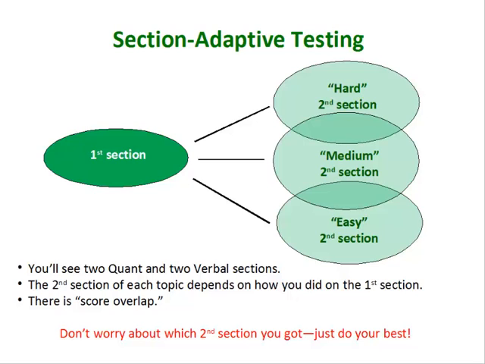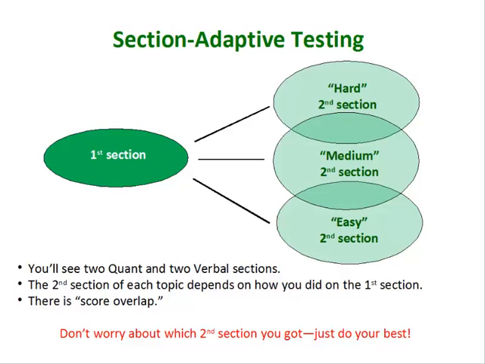And so for math, for instance, you'll see your first math section. That's the section that basically everybody gets. It's a mid-level section in terms of difficulty. Based on your performance in that first section, that will determine what you see in the second math section.